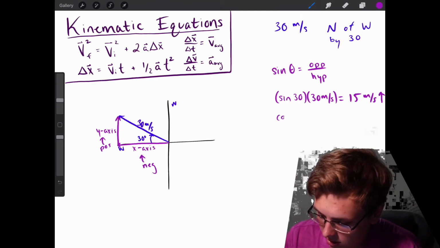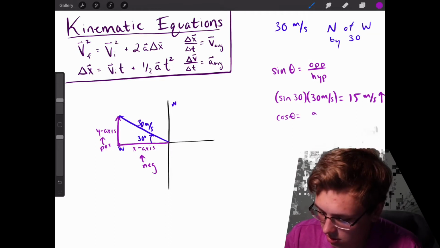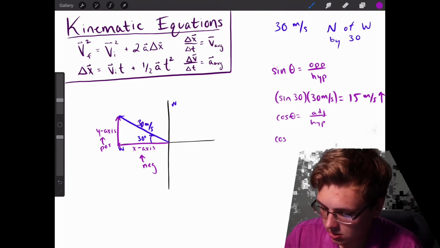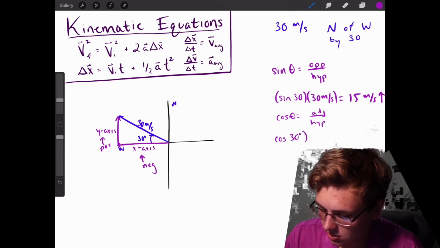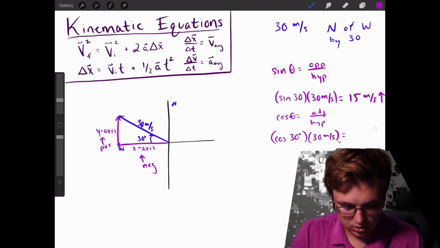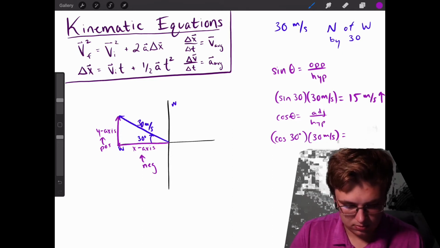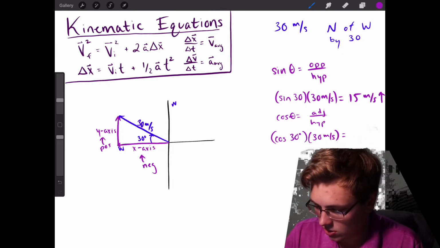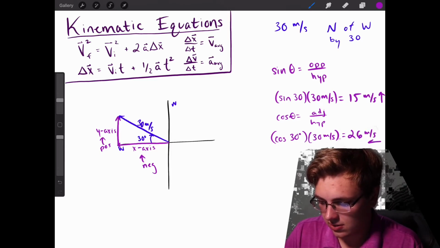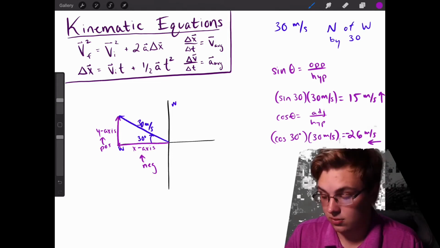Then we have cosine of theta equals our adjacent over our hypotenuse. So cosine of 30 degrees times our 30 meters per second is going to equal 26 meters per second. And this is actually going to be to the left. So I can also just put negative.